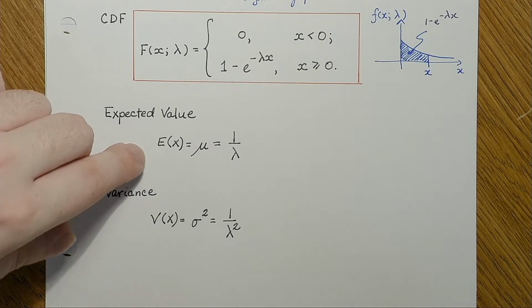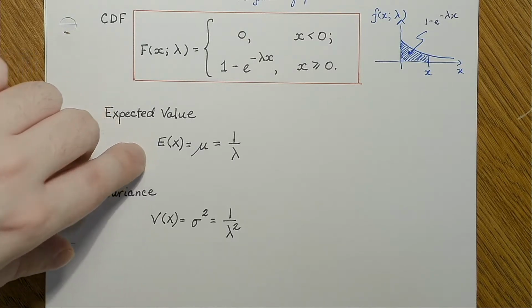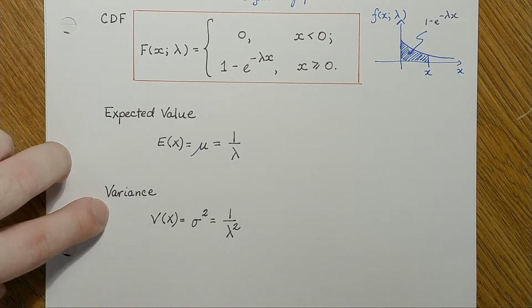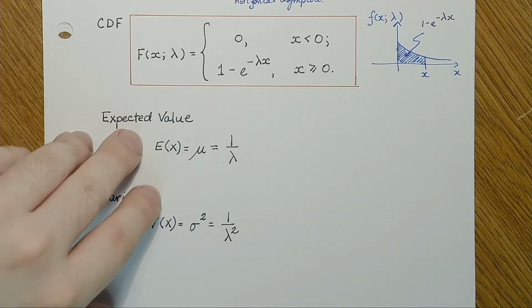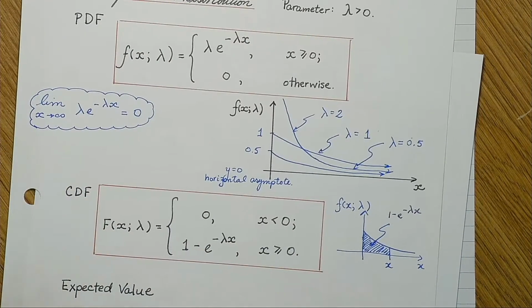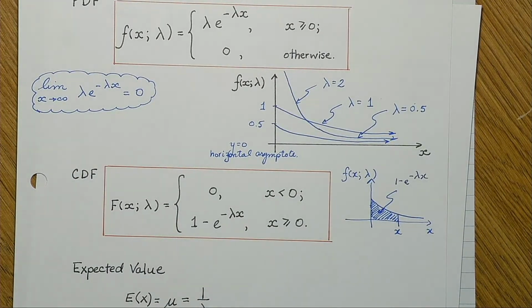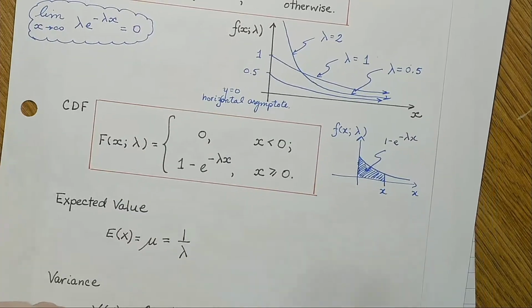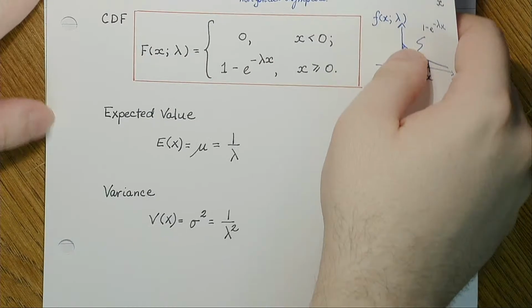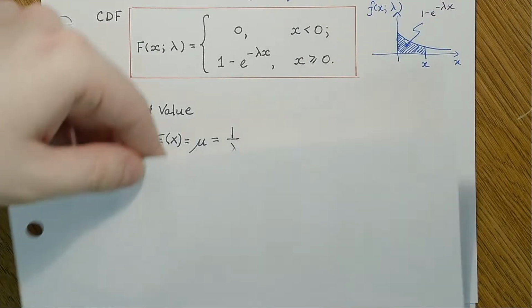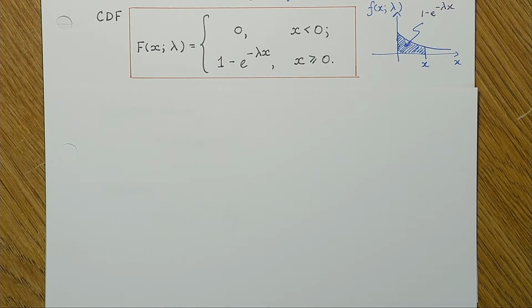The expected value is 1 over lambda, and the variance is 1 over lambda squared. So what we should do is show you how we got that CDF.